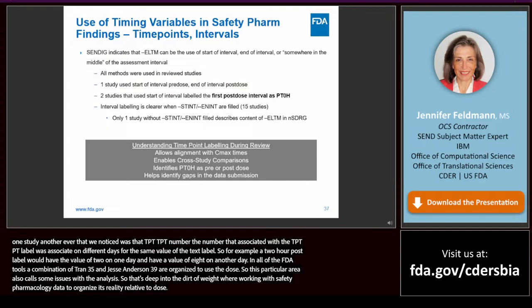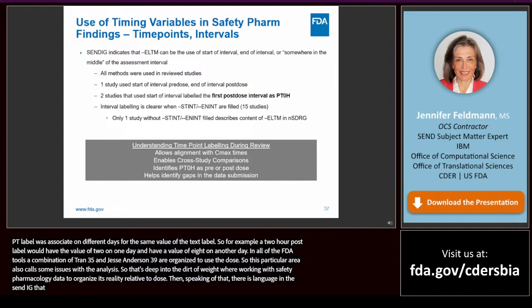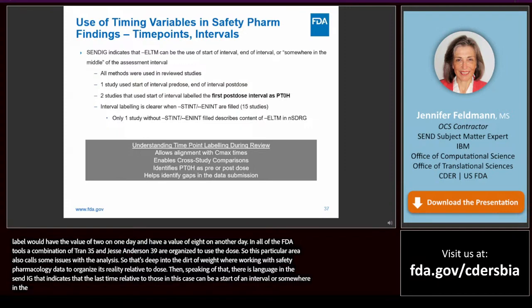And then, speaking of that, there is language in the SENDIG that indicates that the ELTM, or the elapsed time relative to dose in this case, can be the start of an interval, it can be the end of an interval, or somewhere in the middle of the interval. And we did find that actually all methods were used in the studies that we reviewed.